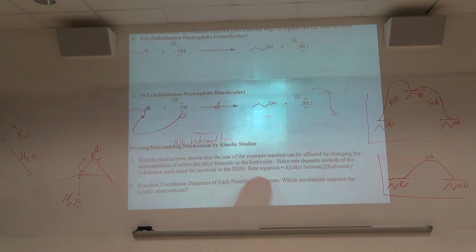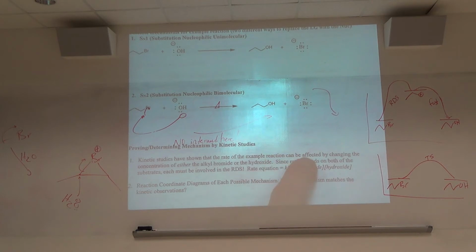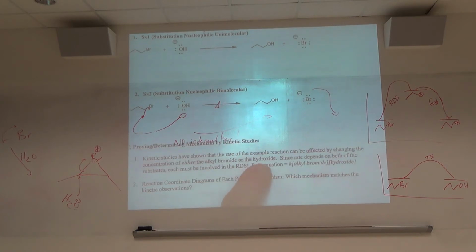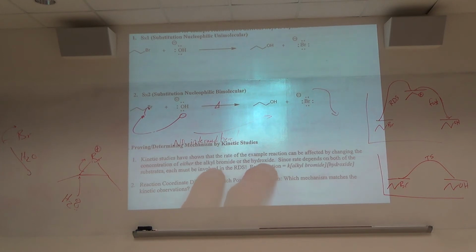Because the kinetic studies have shown, I'm reading, that the rate of the example reaction can be affected by changing the concentration of either the alkyl bromide or the hydroxide. You change either one, you change the rate. What does that tell you about their involvement in the rate determining step?